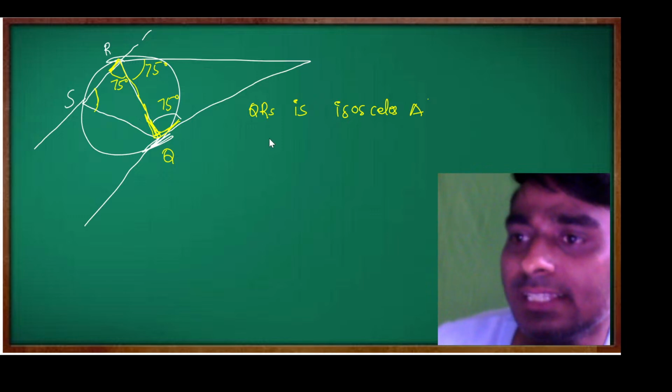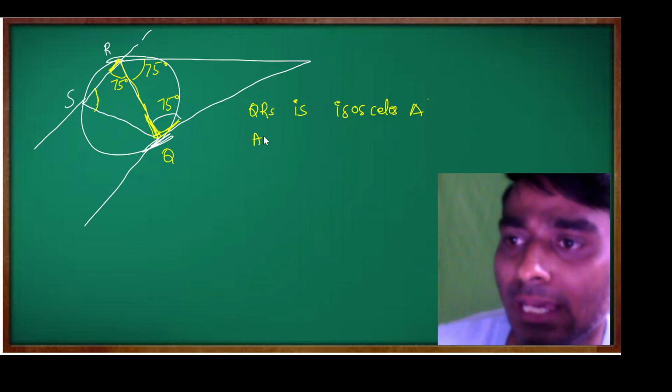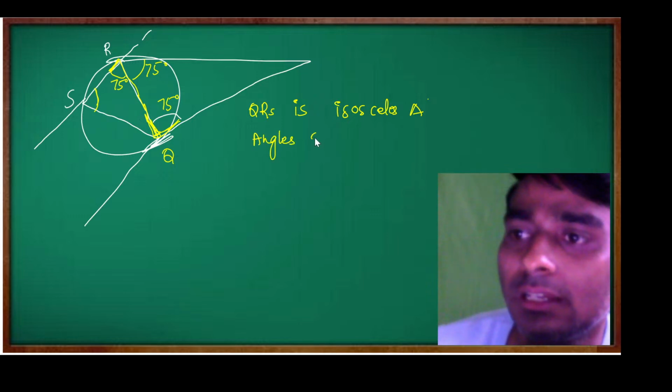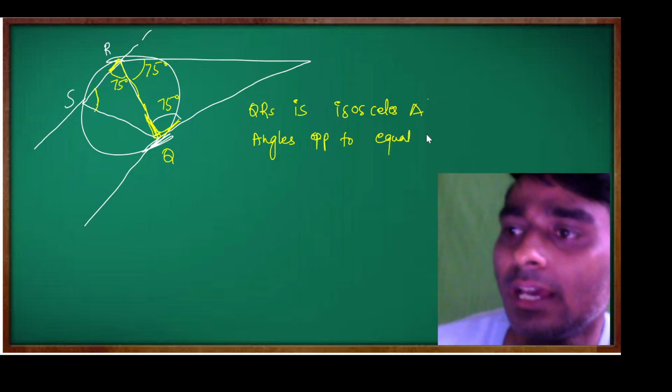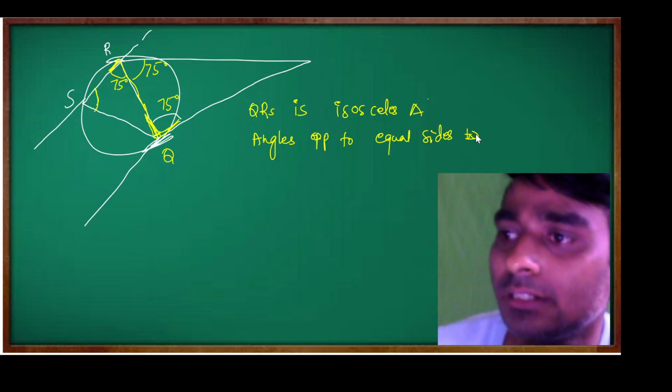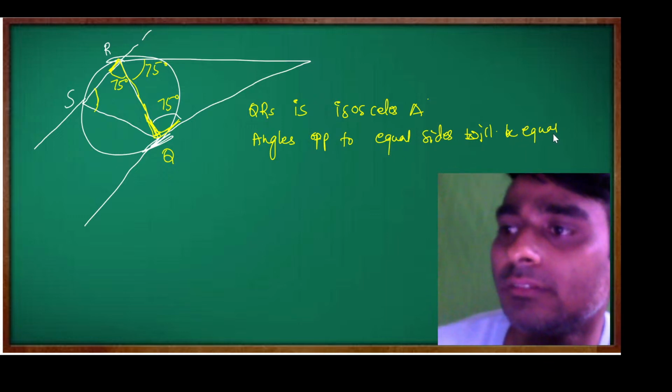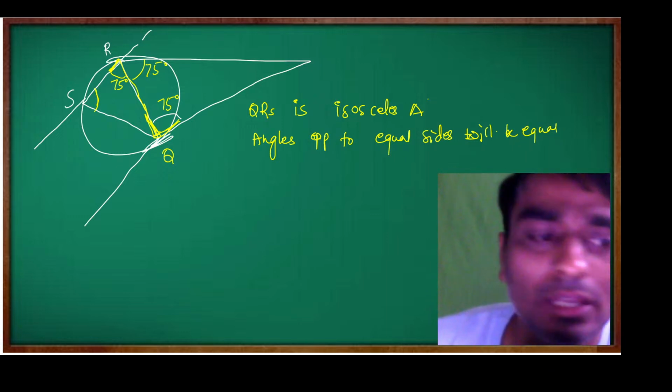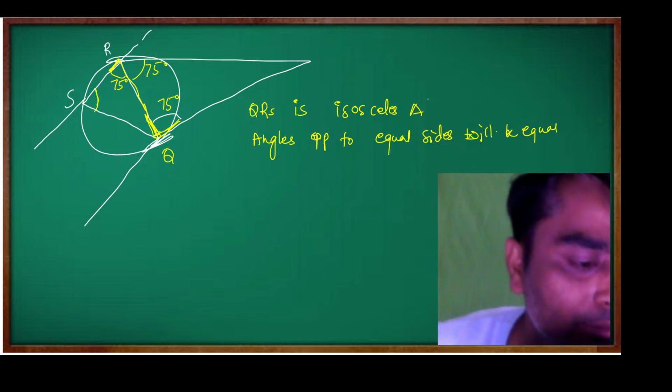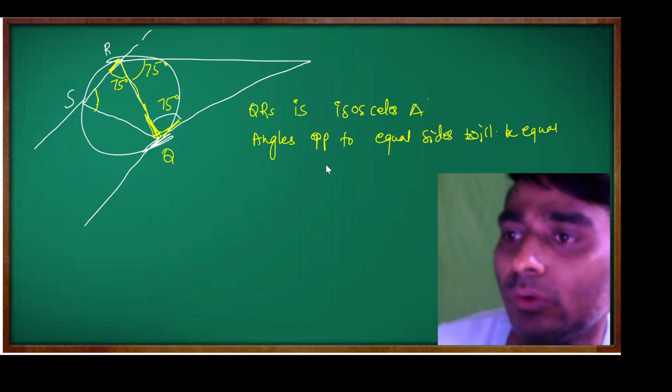So if it is an isosceles triangle, then angles opposite to equal sides will be what? Equal, right? Correct? So sides opposite to equal angles of a triangle are equal. This we know.